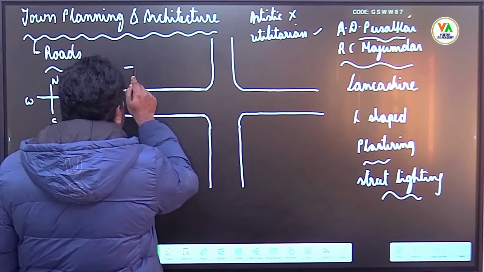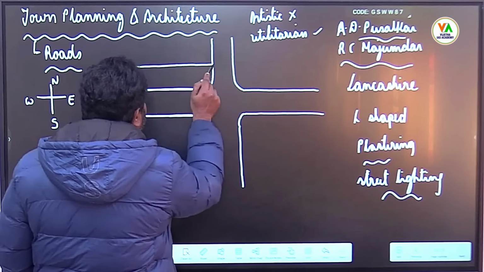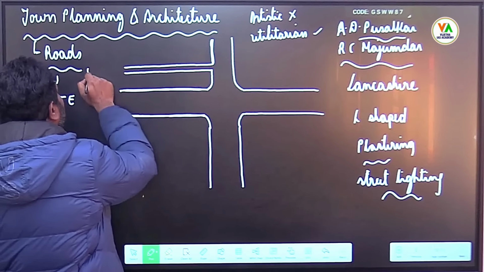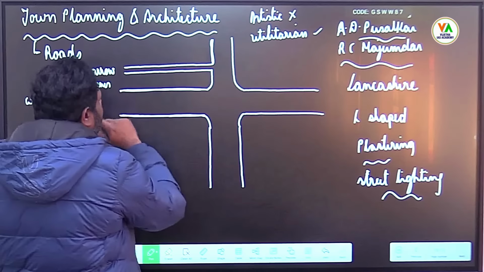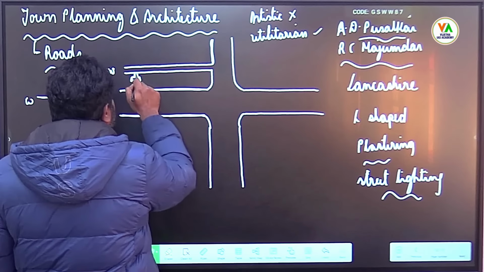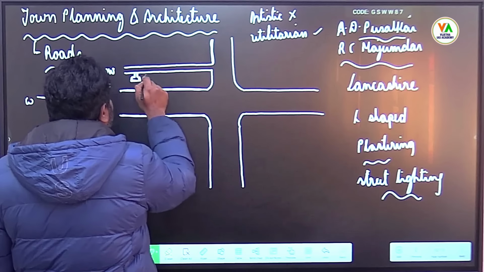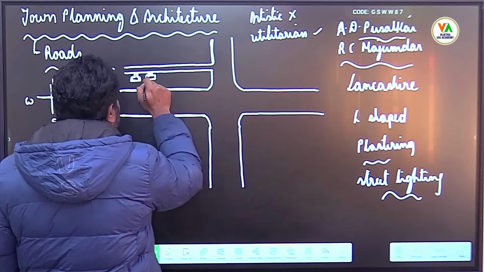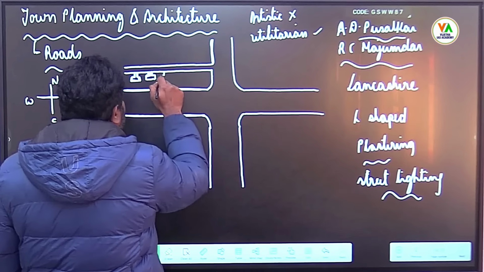See, some small bylanes were constructed. So these are narrow bylanes, and houses were constructed in these bylanes, and the entrances of the houses open towards these bylanes.